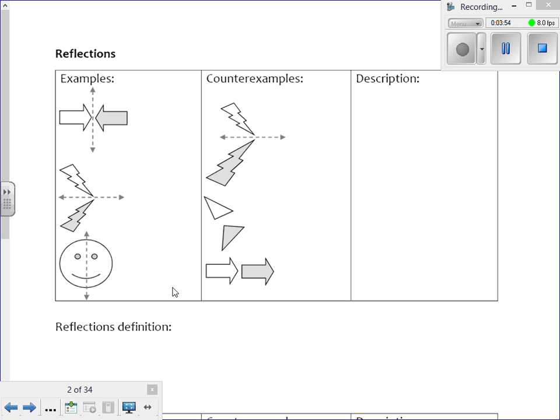So a reflection, we look here. What a lot of you guys were noticing yesterday, it's almost like there's a flip. Some of you guys mentioned the idea of a mirror. When you look at the face down here, the idea of symmetry popped up. There's some type of symmetry. So these counterexamples, although this particular example does flip over that line, all of a sudden you see this gray lightning bolt. It got bigger. So that's one of our issues.